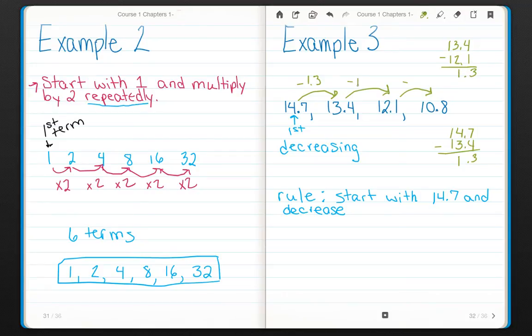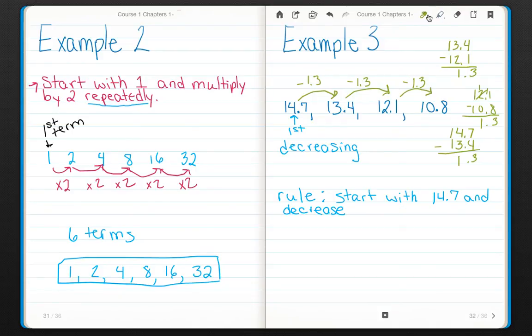And again, I get minus 1.3. Okay, so far so good. But I need to check at least 3. So I take the 12.1, subtract 10.8. 11 minus 8 is 3. 1 minus 0 is 1.